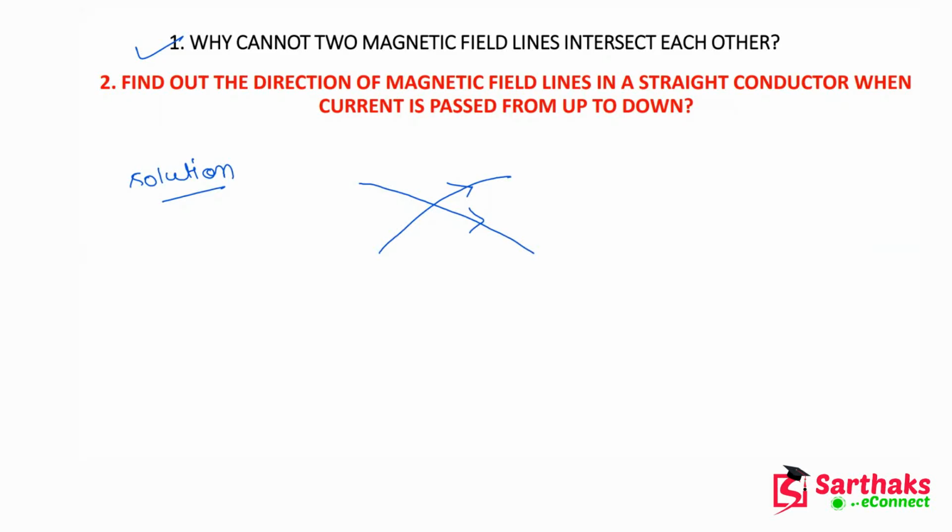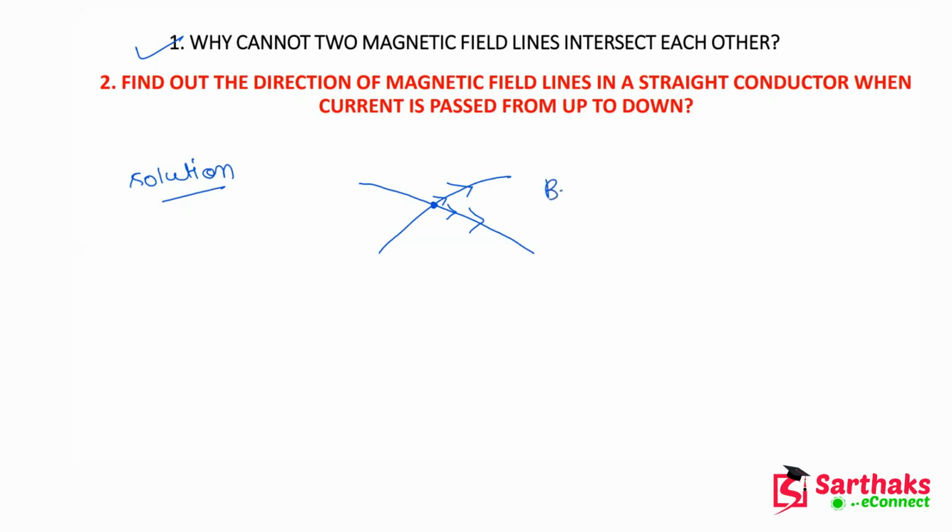This is called the contradiction method. So we assume that they are intersecting each other. Now what will happen in this case? At this point they would have two directions, in this direction as well as in this direction. Because a magnetic field line cannot have two directions, they cannot intersect each other.